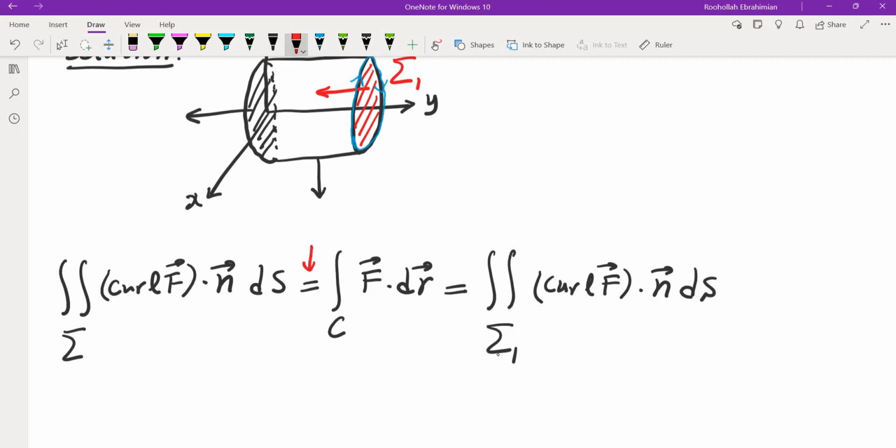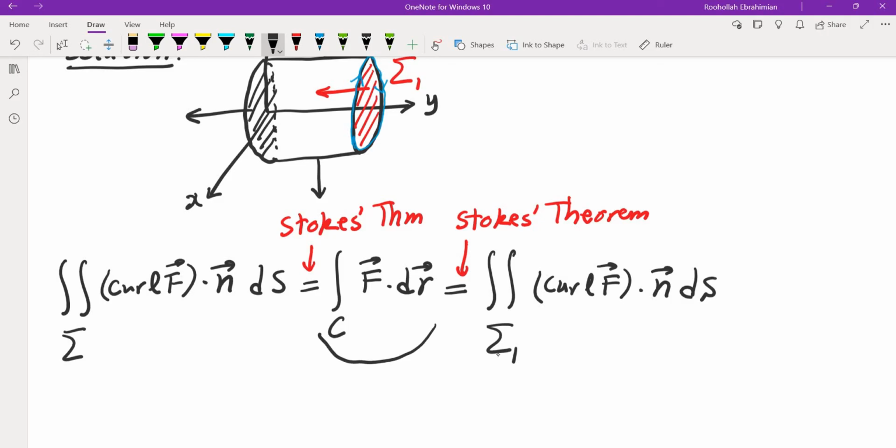So we are applying Stokes theorem twice, once here and then once here. Now we can evaluate the curl, and again you could also use the formula for the line integral. Either one of these two should work.